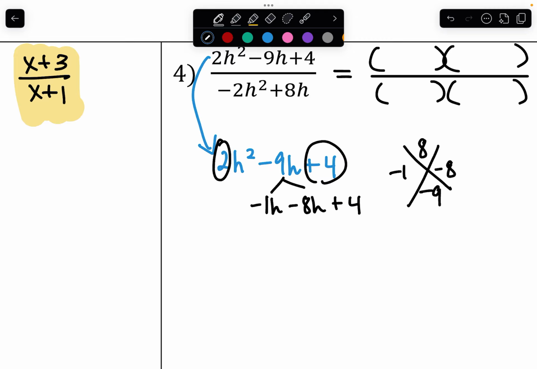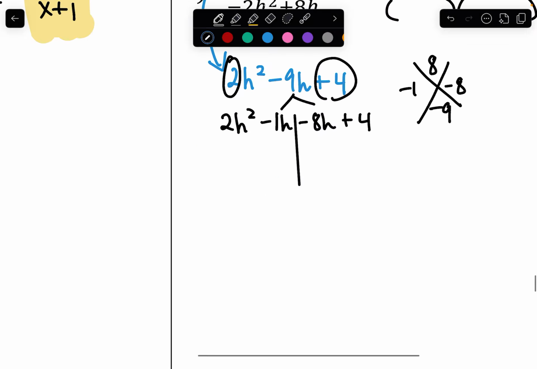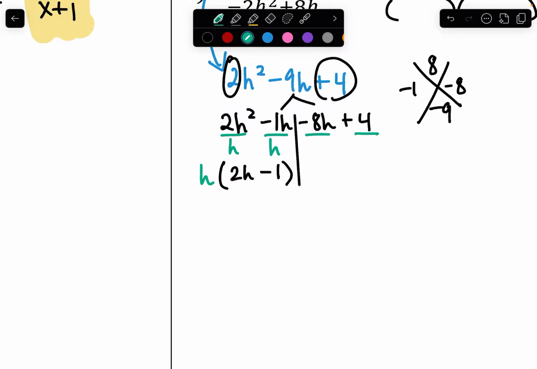Copy down the first and last terms. And then we're going to factor 2 at a time. Out of the first pair, we can get h, which leaves behind a 2h minus 1. Out of the second pair, the leader is negative, and then we can also divide by 4, which leaves 2h minus 1.